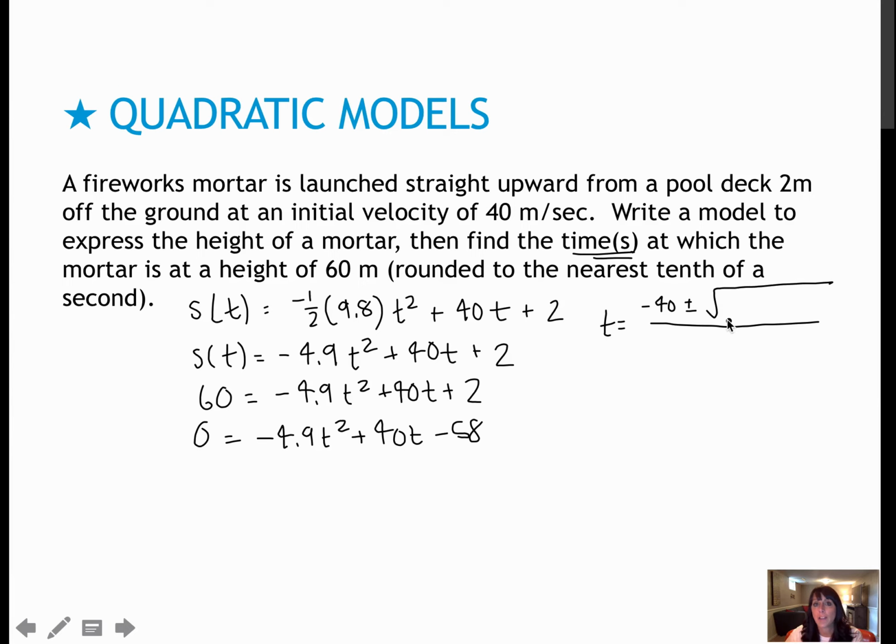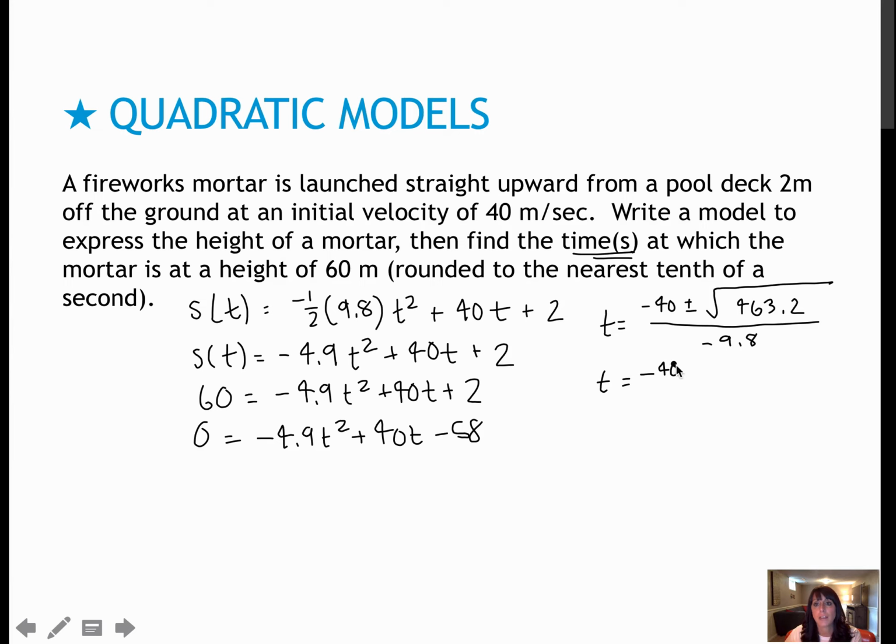I'm going to go ahead and find b squared minus 4ac all at the same time, just to save time and space, which is 463.2, and then all over 2a. So that is my quadratic formula.